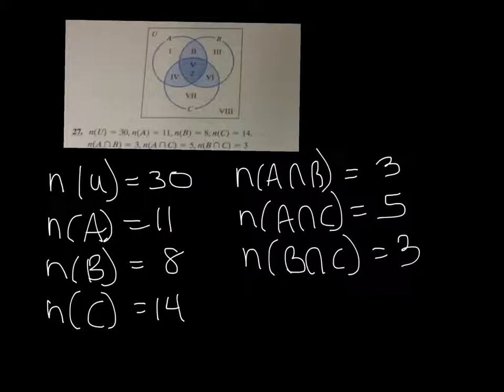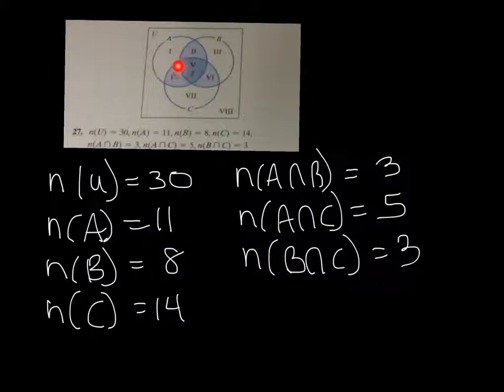Again, remember, we're given the cardinality of the innermost intersection, there are 2 elements in here. So we want to work outward. It doesn't matter which region you start with or how you go outward. I'm just going to look at the intersection of A and B, whose cardinality is 3, meaning I should have 3 elements in here.